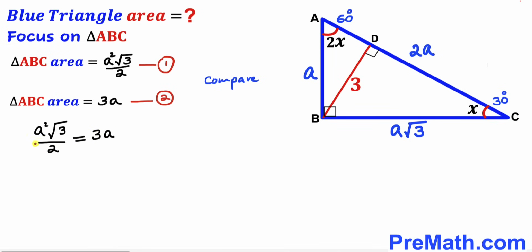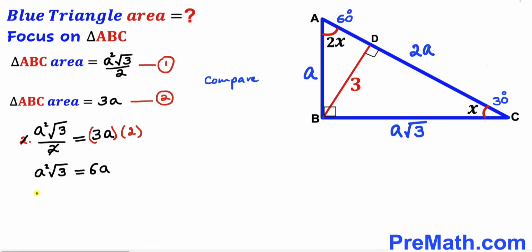And now I'm going to remove this fraction by multiplying 2 on the left hand side, and I'm going to multiply 2 on the right hand side as well. So therefore this 2 and 2 is gone. So we got a square times the square root of 3 is going to be equal to 6 times a.